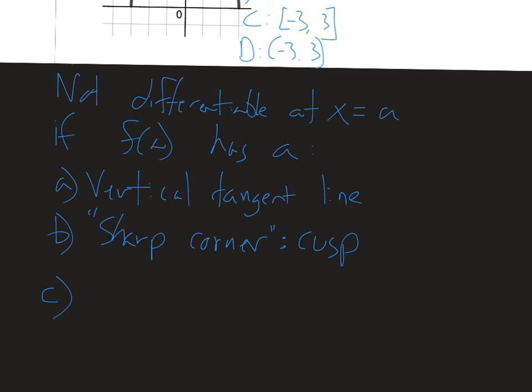So anywhere that f of a has a jump, vertical asymptote, or even a hole, we didn't see a hole, but we'll include that here. Because we either have multiple y values to consider if we have a jump, or we have no y value to consider.